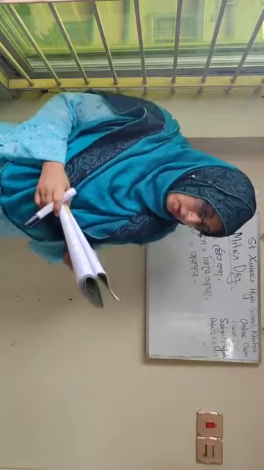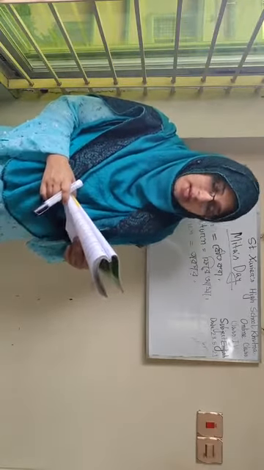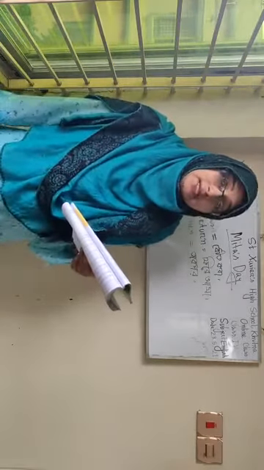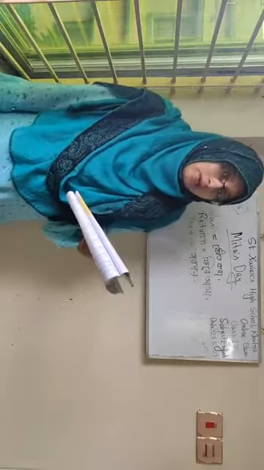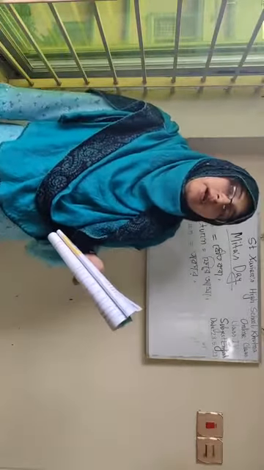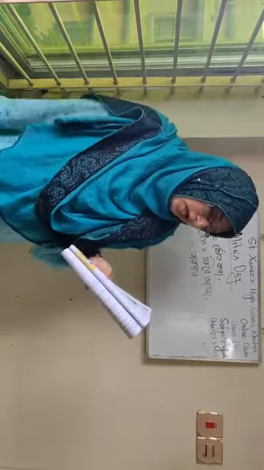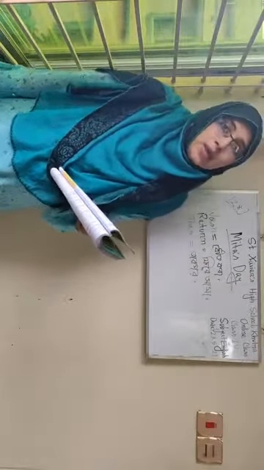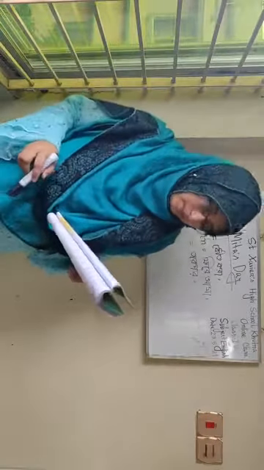Next 2, she has breakfast at dash. She has breakfast at 7 o'clock. You already learned from your textbook, right? Now she has breakfast at 7, of course, AM, 7 AM.